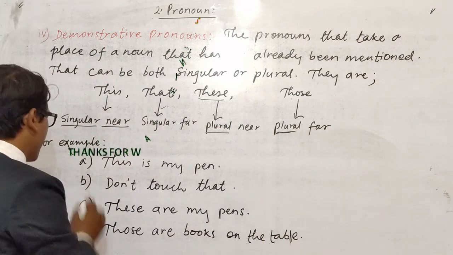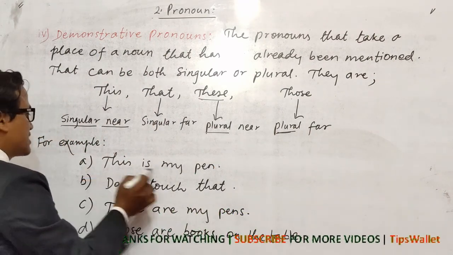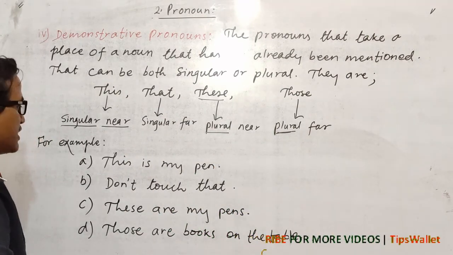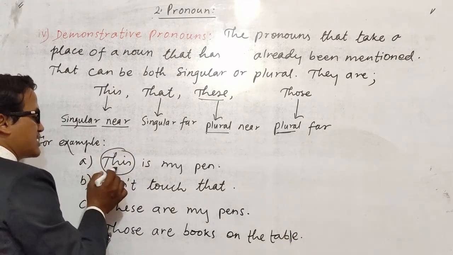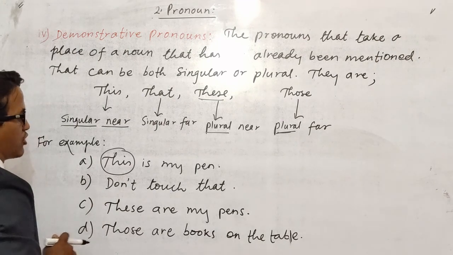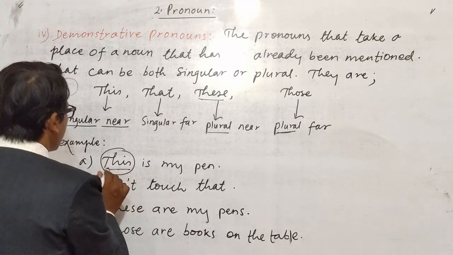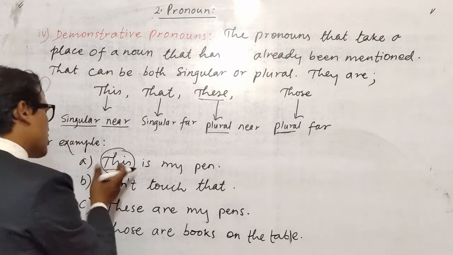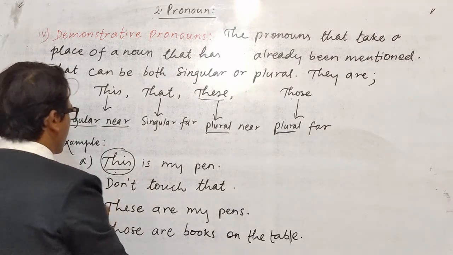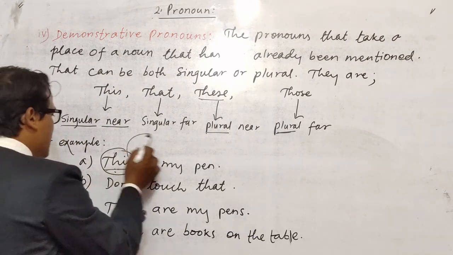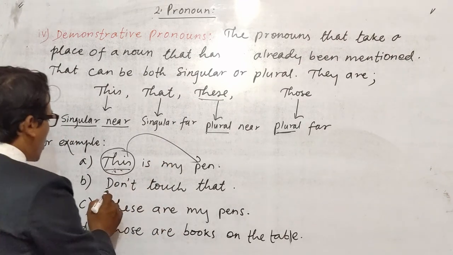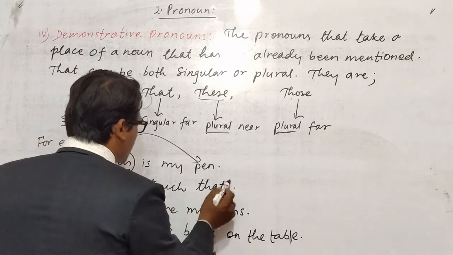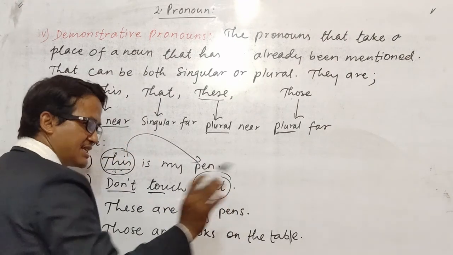And these denote what? Plural. For example, you can see here, this is my pen. So here this is a demonstrative pronoun because it is functioning as the demonstrative pronoun, and it stands in for a noun. This is representing what? Pen. So that's why it is a noun. So this is demonstrative. Don't touch that. That means something else is there.